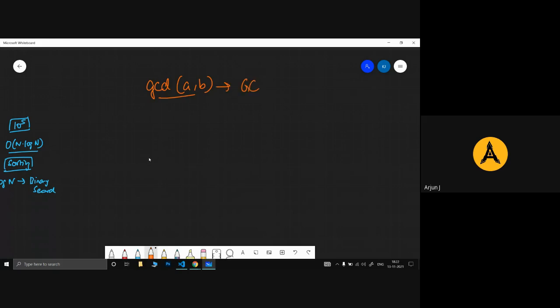So let me write it. GCD is the greatest common divisor. You can also call it HCF, which most of us are used to, but in computer programming, most forums or most questions mention it as GCD.